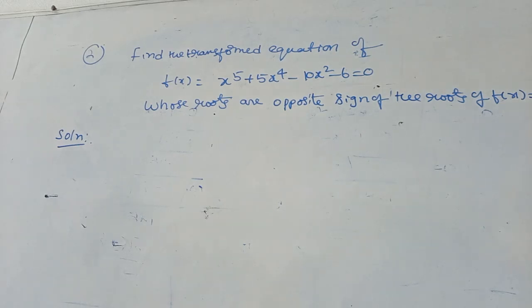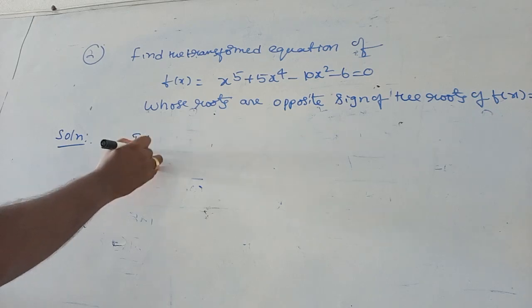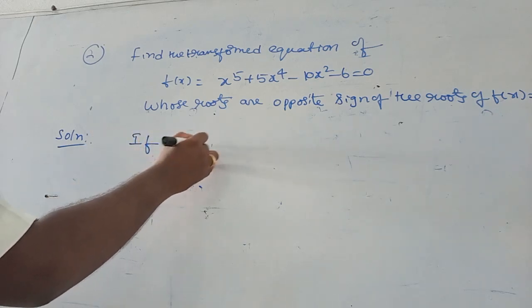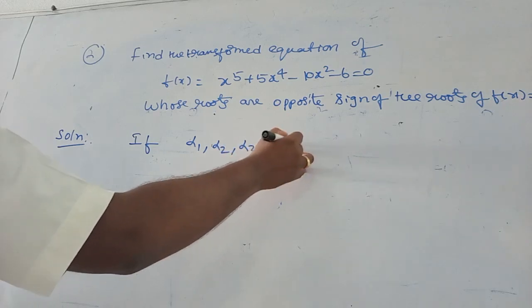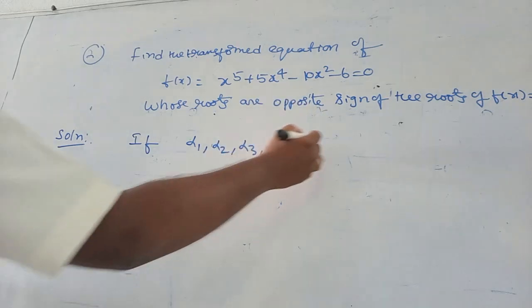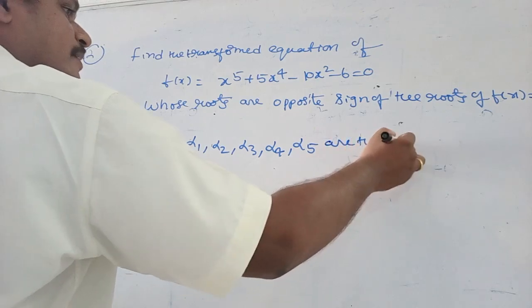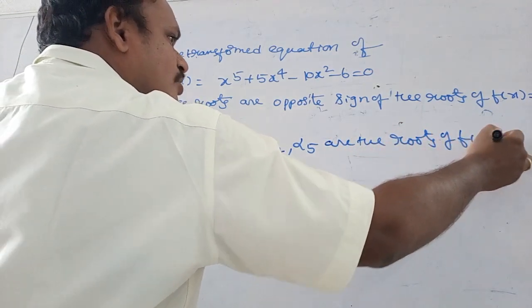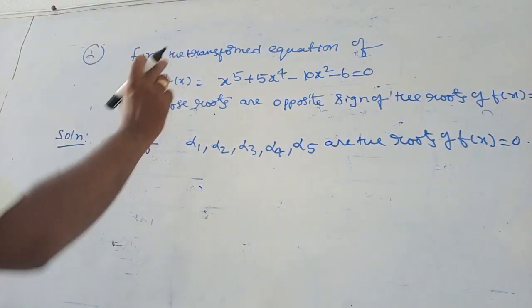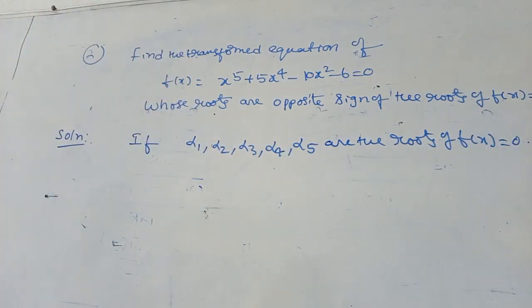That means, okay, suppose we have alpha 1, alpha 2, alpha 3, alpha 4, alpha 5 as the roots of f of x is equal to 0. Because it is degree 5, by the fundamental theorem of algebra it will have 5 roots.